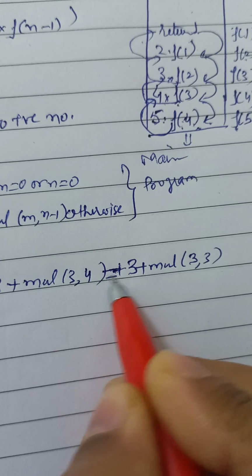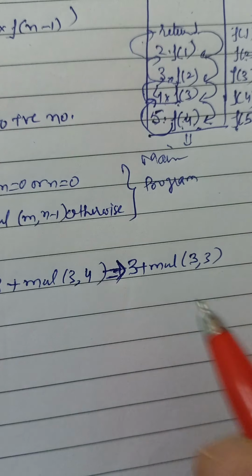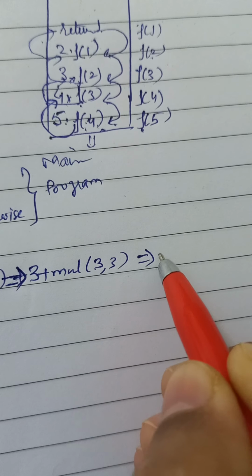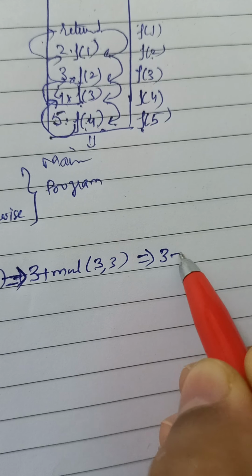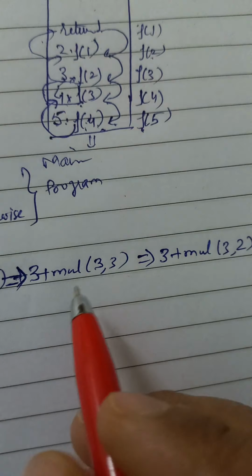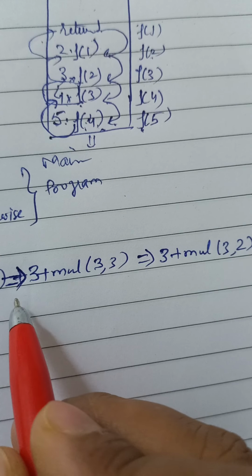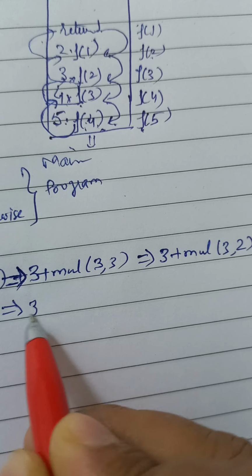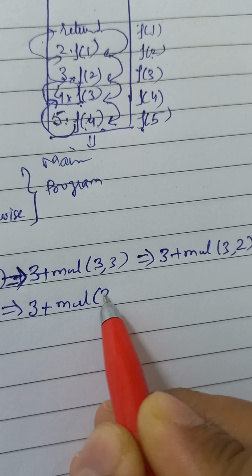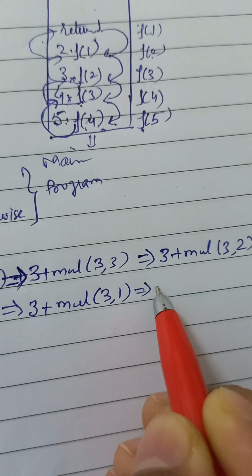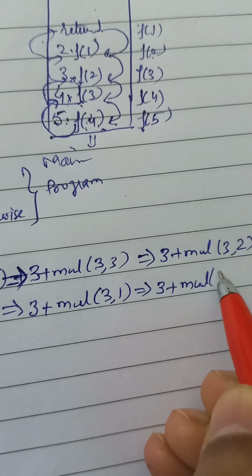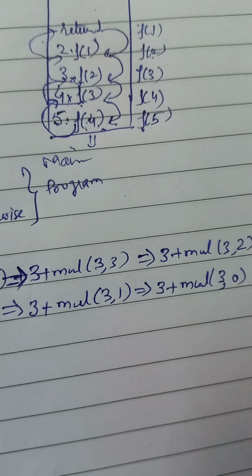After that we will get 3 plus multiply 3, 2. Then 3 plus multiply 3, 1. Then 3 plus multiply 3, 0.